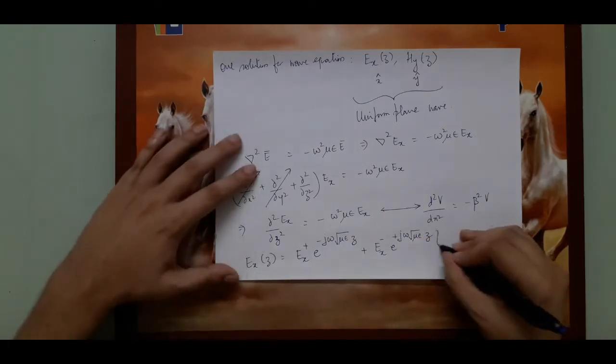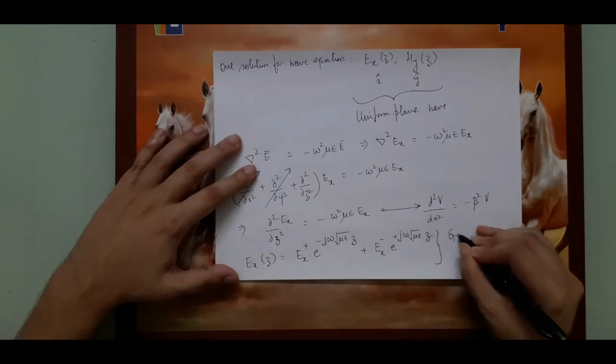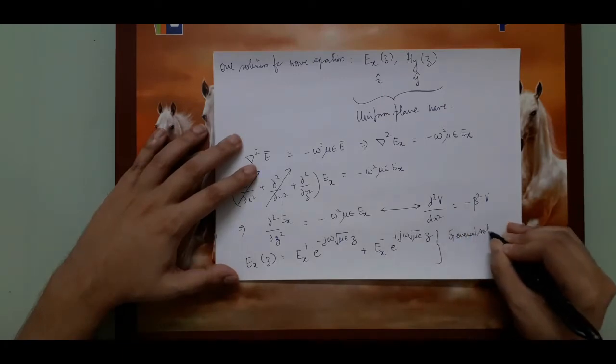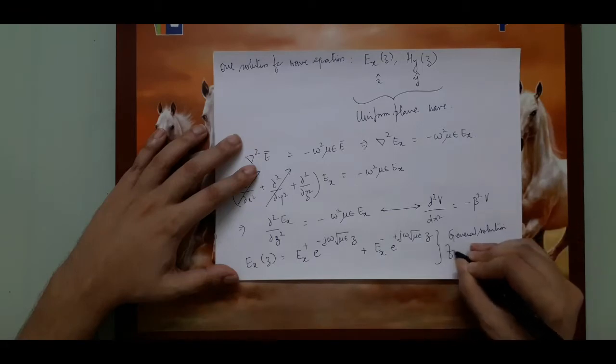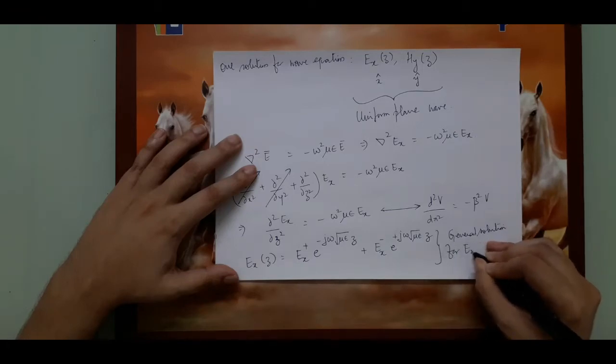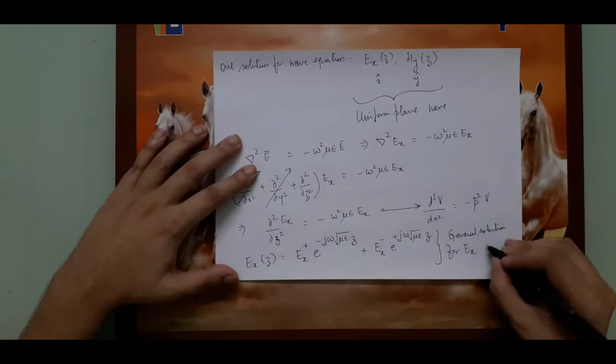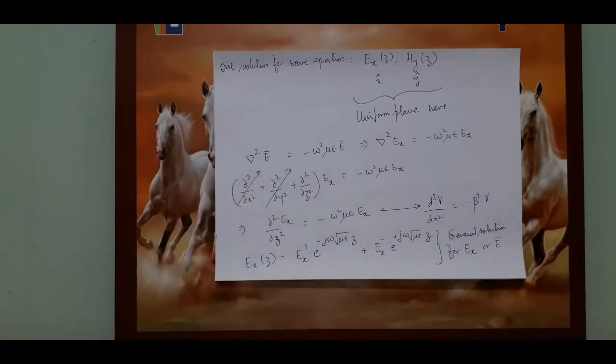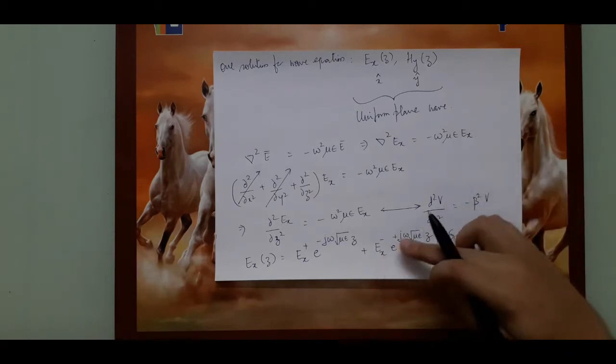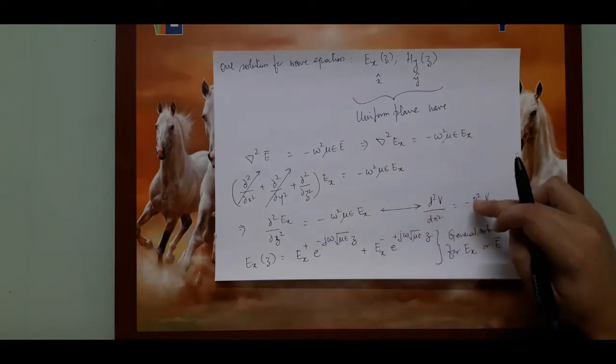Just like how we now are seeing the solution for the electric field vector, we saw that it is of a similar nature to the voltage solution for the transmission line.